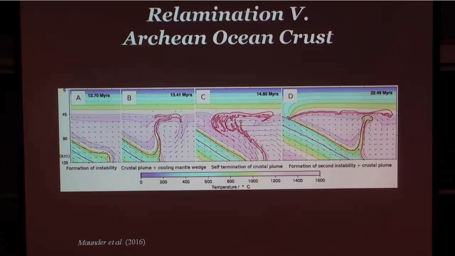So they want to have relamination of oceanic rocks, oceanic crust going on in the Archean, not something that we want to call on today. So potential for things to have been quite different earlier on in Earth's history.